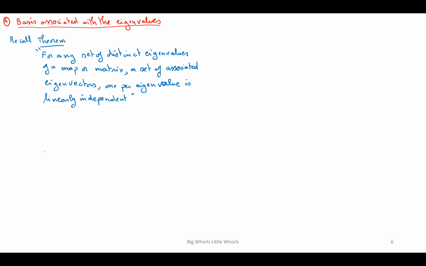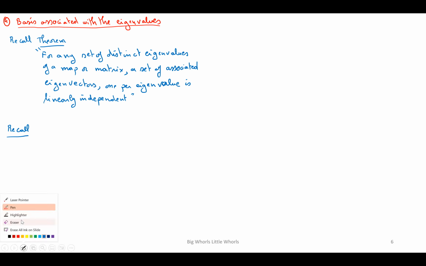So now, how are we going to find the basis? Recall as well, all of these I have written in blue are not important, it's just a recall from chapter 2, the linear independence lemma.